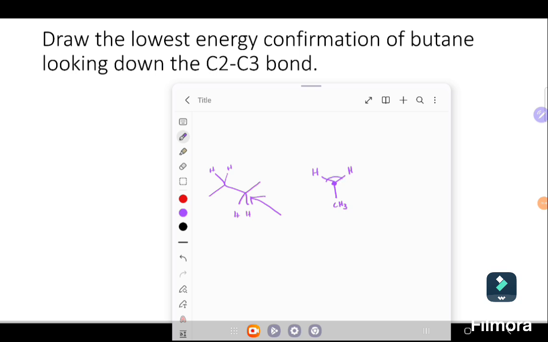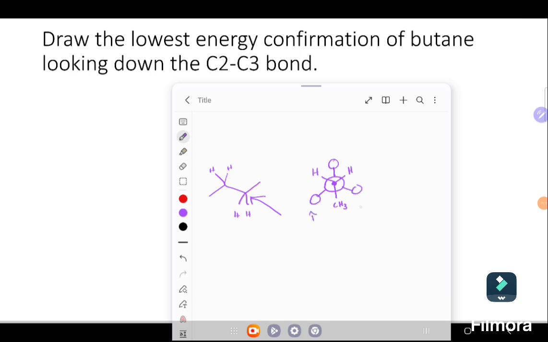And then on the back atom, when it's time to fill in the back atom and determine what the lowest energy conformation is for butane, I find that I might have a choice of where I need to put that methyl group. The methyl group can either go here, here, or here.